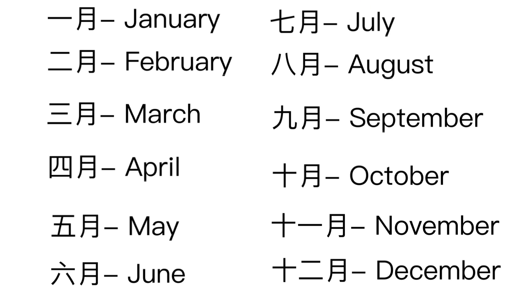August is 8月. September is 9月. October is 10月. November is 11月. And December is 12月. So these are the months in Chinese.